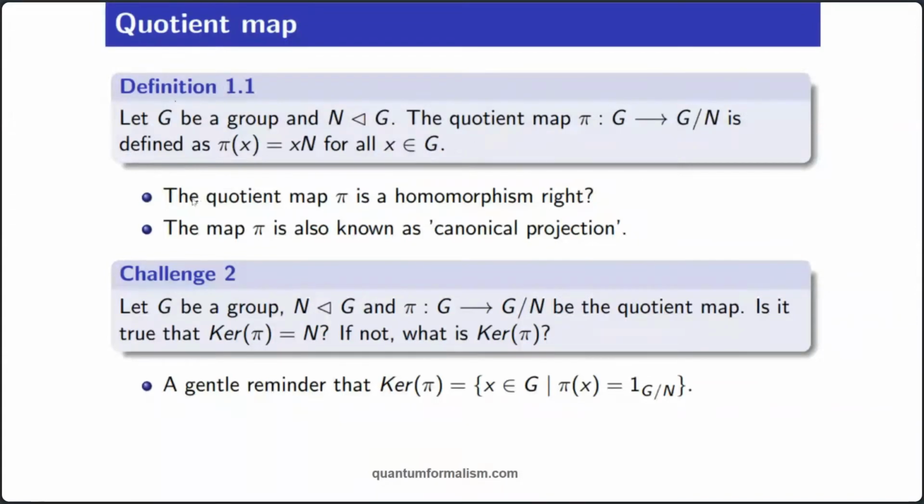So the question is, can you see that this canonical projection, as it's also known, is a homomorphism? Do you agree? Remember, G is a group, and in the last session we defined a group structure on the quotient too. So the claim is that this is a group homomorphism. Do you agree? Yeah, we are all on the same page. Or who disagrees?